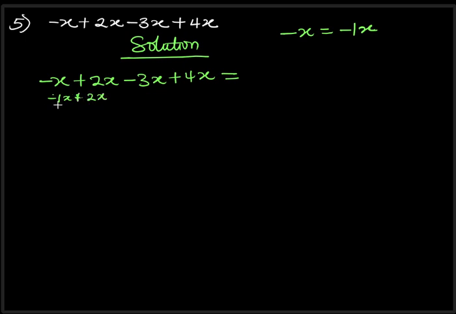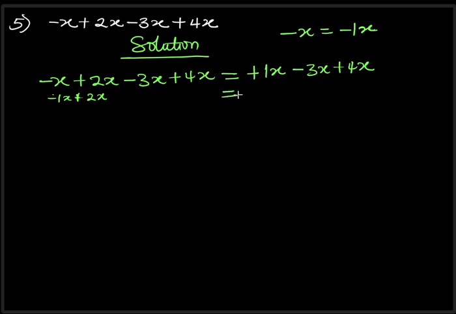Same sign or different signs? These are different signs, so we subtract 2 minus 1, that will give us 1. The sign of the bigger number is plus, so that will be plus 1x. Let me put the 1x. Plus 1x minus 3x plus 4x.